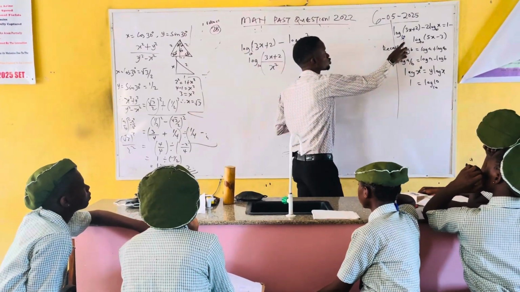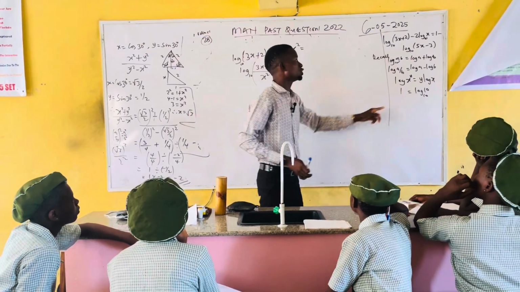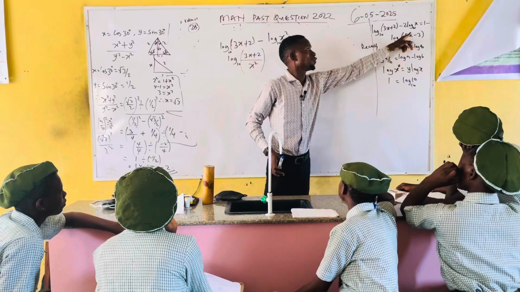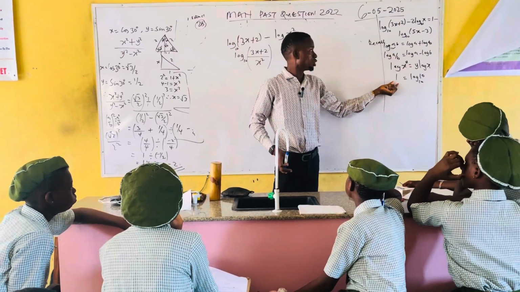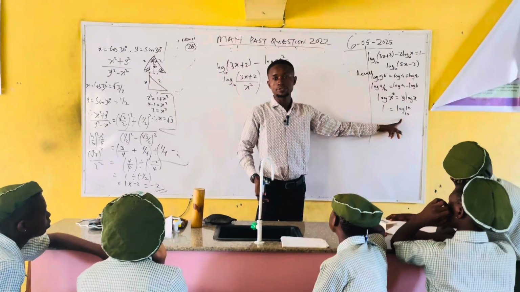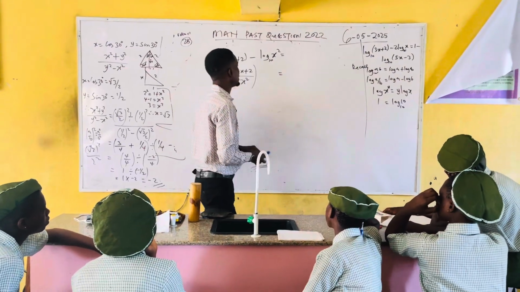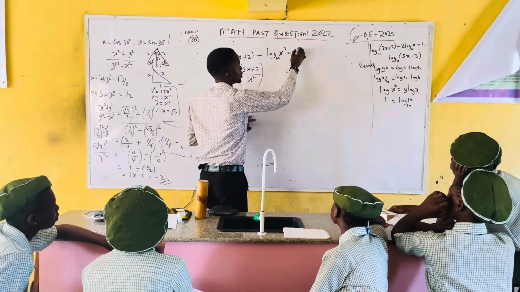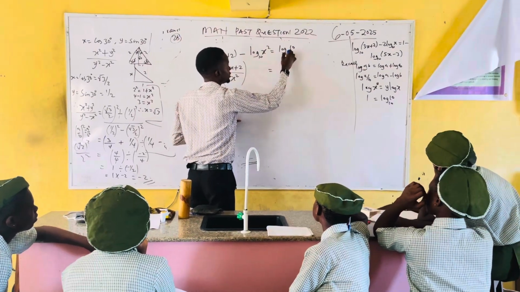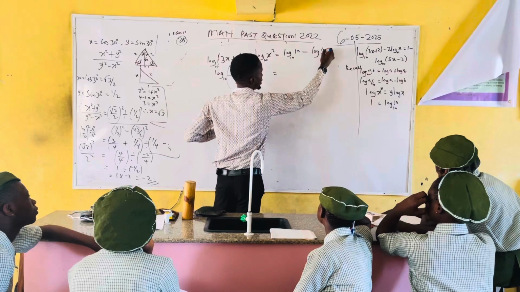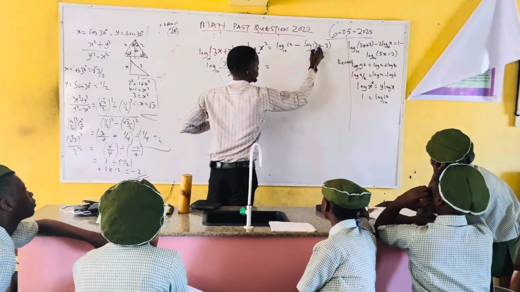Let's say if the base is 2, that means you can change your 1 to log 2 base 2. If everything here is base 4, and you want to write your 1, you say log 4 base 4. But because what we have there as the base is 10, I'm going to write my 1 now as log 10 base 10 minus log (5x minus 3) base 10.